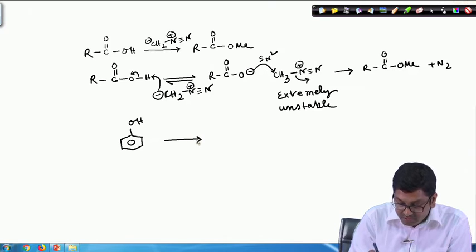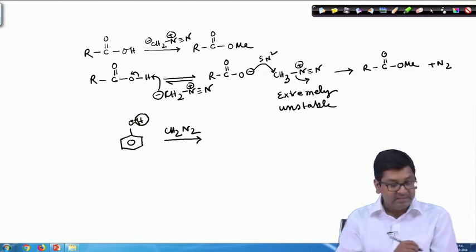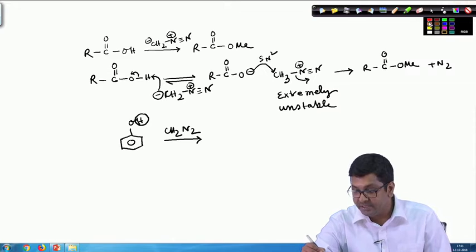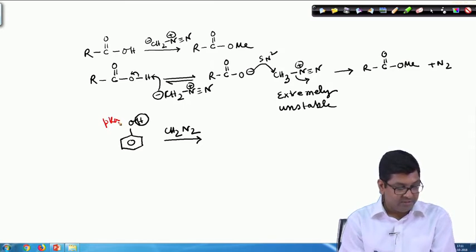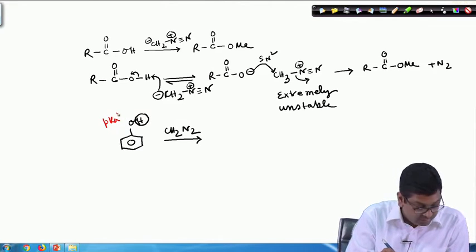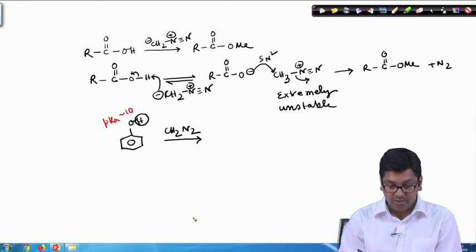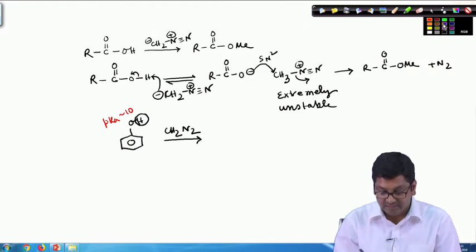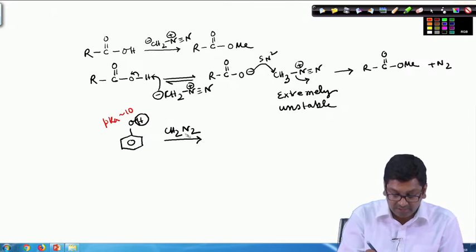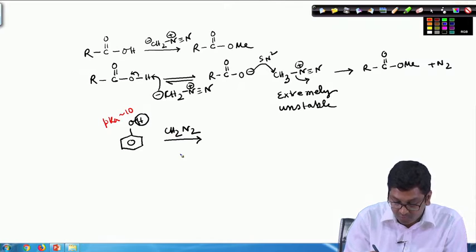So, if we use diazomethane over here, then this proton is acidic enough, its pK, the pK of this particular hydrogen, is around 10. Okay. So, now this is sufficiently acidic, so that this diazomethane can react with that in a similar fashion.